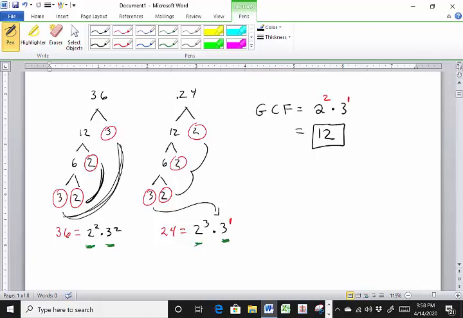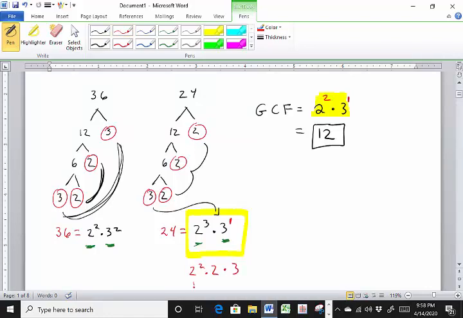Okay? And you can kind of see that with this exponential notation. Because if I look at 2 squared times 3, do I see a 2 squared times 3 right here? Yeah, because this is really 2 squared times 2 times 3.